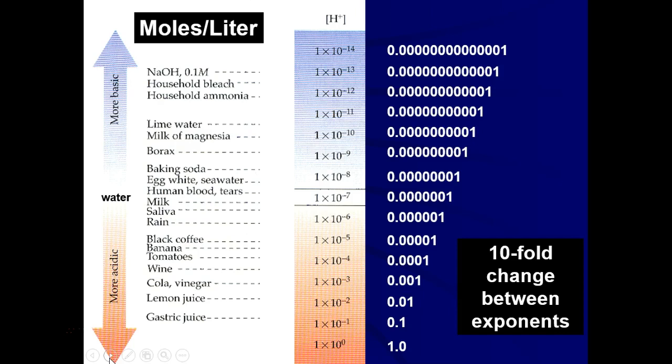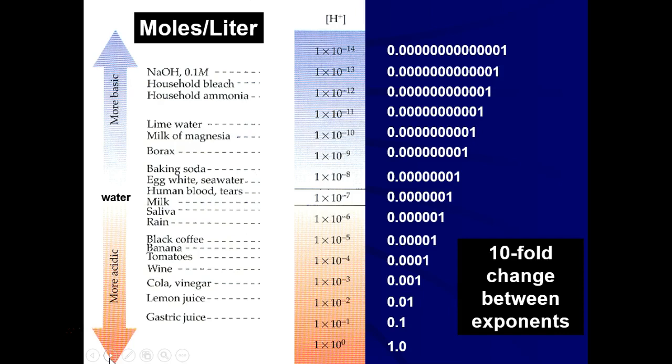So Coke has 10,000 times more hydrogen ions than water does. Each step is a 10-fold difference. When we're going down the scale to something more and more concentrated, for every decimal place, we multiply by 10. So Coke would be 10,000 times more acidic, or have more hydrogen ions, than water.